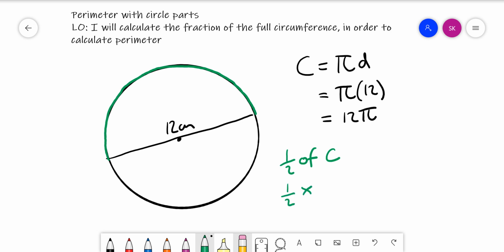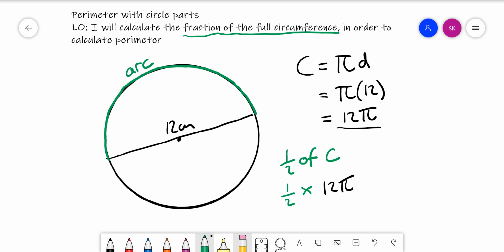We know the circumference is 12 pi because we figured it out already. And so to find the length of the arc, all we have to do is the fraction of the full circumference that we're dealing with. So the fraction of the full circumference, which is that.